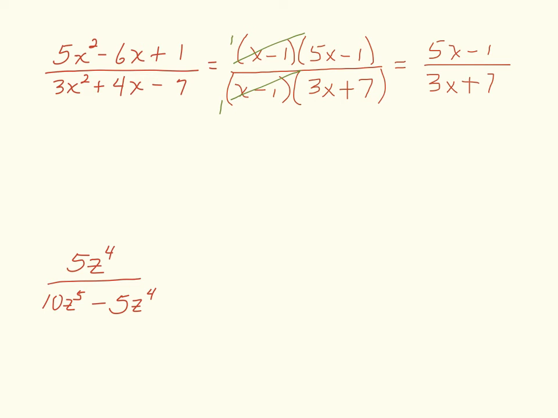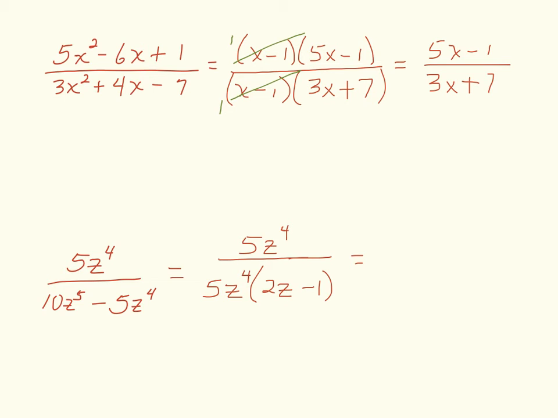All right, look at this one. 5z to the 4th over 10z to the 5th minus 5z to the 4th. So we have 5z to the 4th in the numerator. And then the denominator, we factor out a 5z to the 4th, and we're left with 2z minus 1.